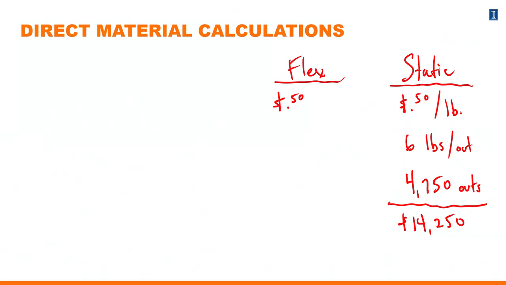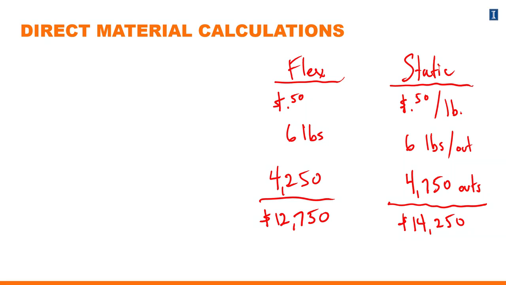We used the standard input of 6 pounds. But we change our output from the standard output that we had at the beginning of the accounting period and use what we actually produced. And that, per the information provided, was 4,250 units. So given what our actual production level was in terms of units of output, we should have spent $12,750. Again, this is the amount we should have spent given our standard price and our standard input, given how many units we actually produced.